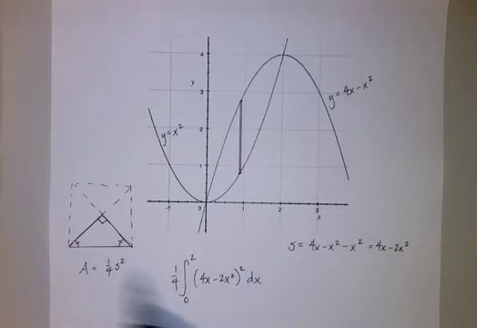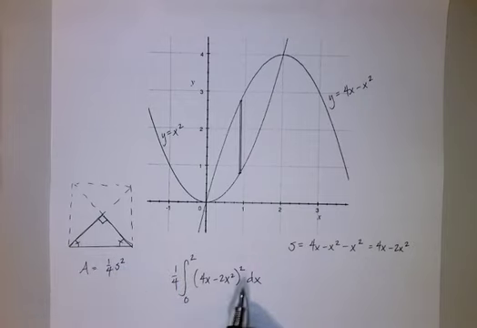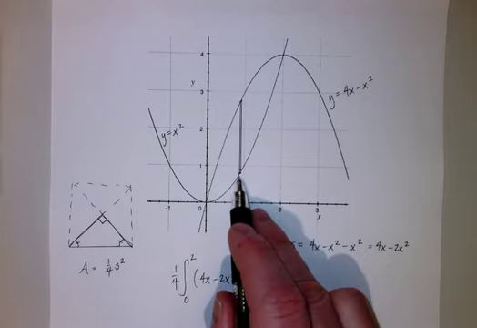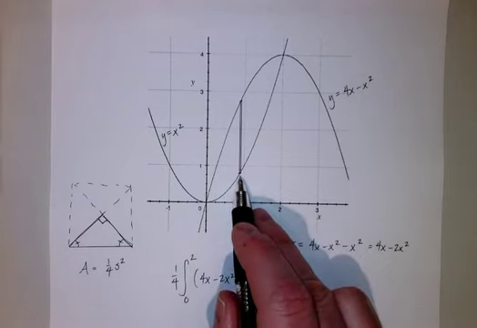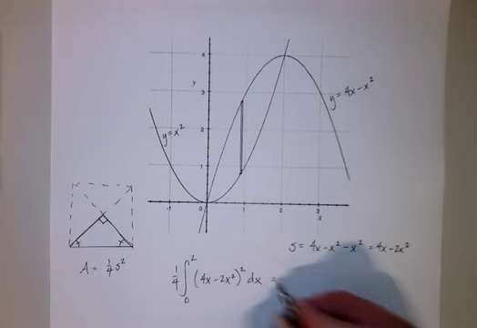So this is the 1/4, and this is the area of that triangular face. The dx is the width, which turns it into the third dimension and makes it a volume, and then I'm just accumulating the infinite number of those from 0 to 2 in order to get my integral.